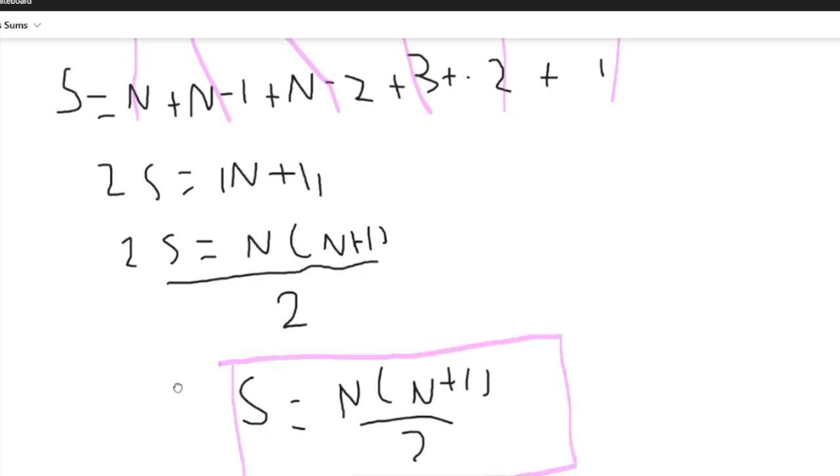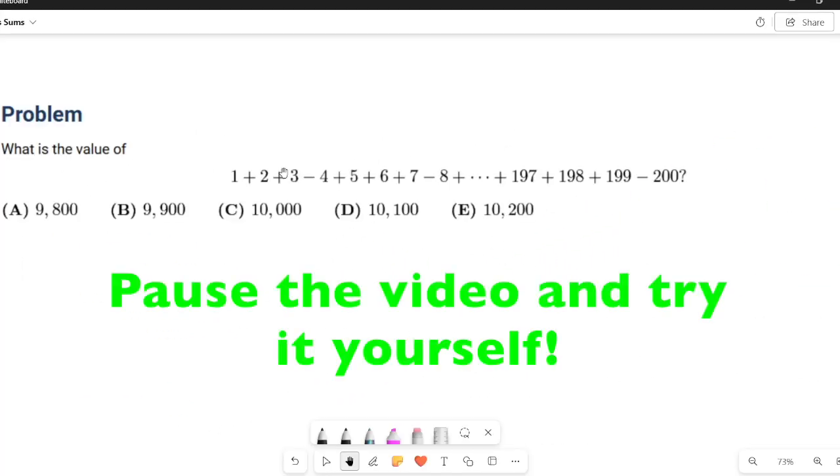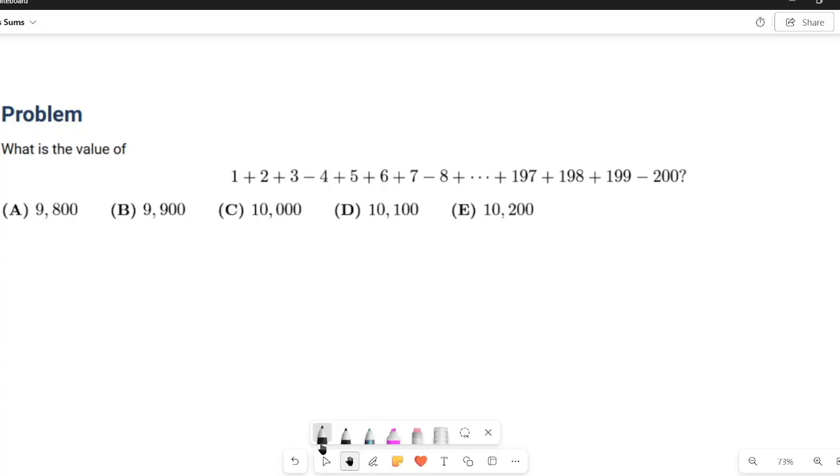Okay, so I'm going to give you guys a practice problem, and you guys can try to solve it. Okay, so what you can notice here is that this gets added, and then it gets subtracted, gets 3 numbers added, and then it gets subtracted. So instead of just manually adding it, we can actually use the idea of Gauss summation that we just learned.